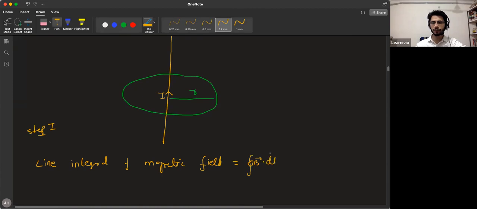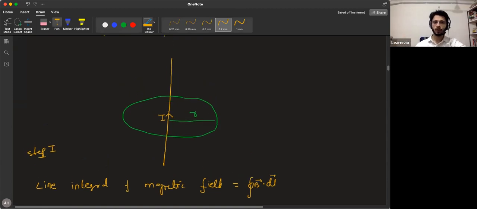That's the line integral. Now, to solve this dot product, I need the direction of both current as well as magnetic field. For the direction of magnetic field, we use right hand thumb rule. We place the thumb in the direction of current, and the curvature of the fingers will give the direction of magnetic field. So the finger will curl in this way. So here the magnetic field will be inwards. This is the direction of magnetic field.